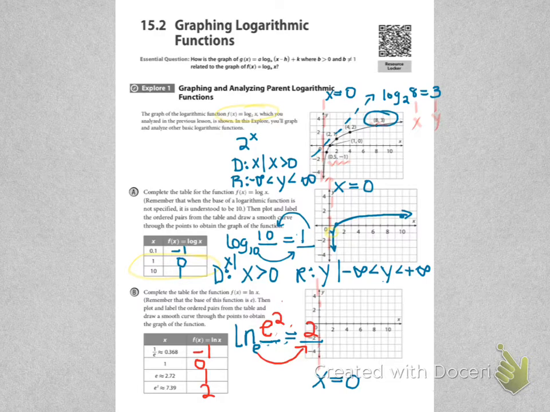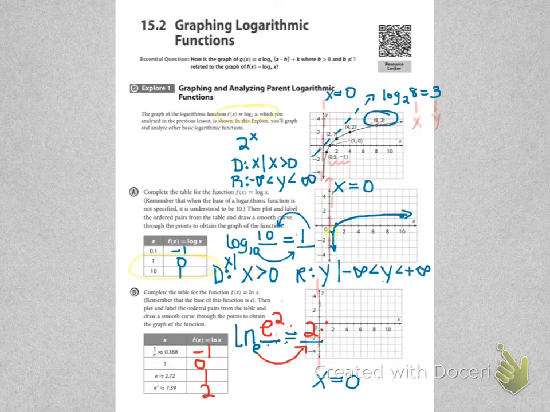So when I graph that first one, it's about 0.368 and -1, so that's going to be pretty close to the y-axis, maybe right about there. And then at 1, 0, of course, these are all going to cross, just like the exponential parent functions crossed on the y-axis at 0, 1. These are going to cross on the x-axis at 1, 0.